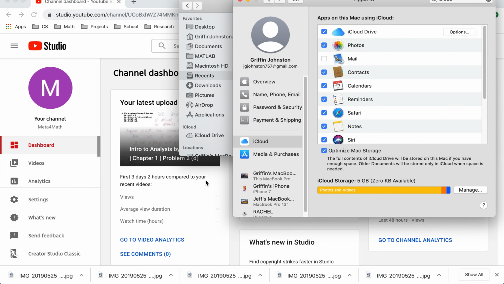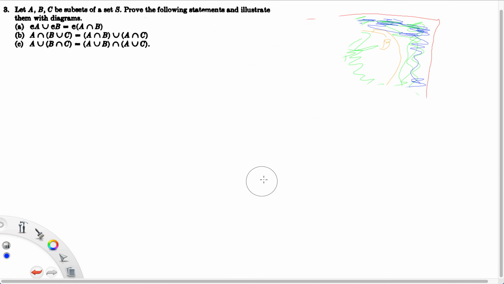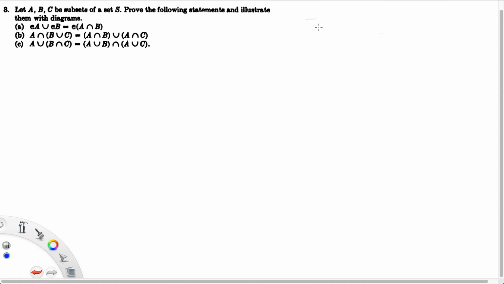And remember, oh dear, I'm having some trouble erasing this here. Okay, there we go.